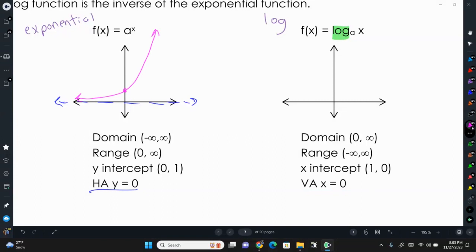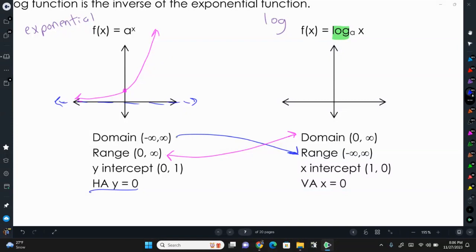Now, remember, if we think back to inverses, you switch the x and y values when you calculate an inverse. So that means the domain of an exponential would be the range of the corresponding logarithmic function, and the range of the exponential function would be the domain of the corresponding logarithmic function.